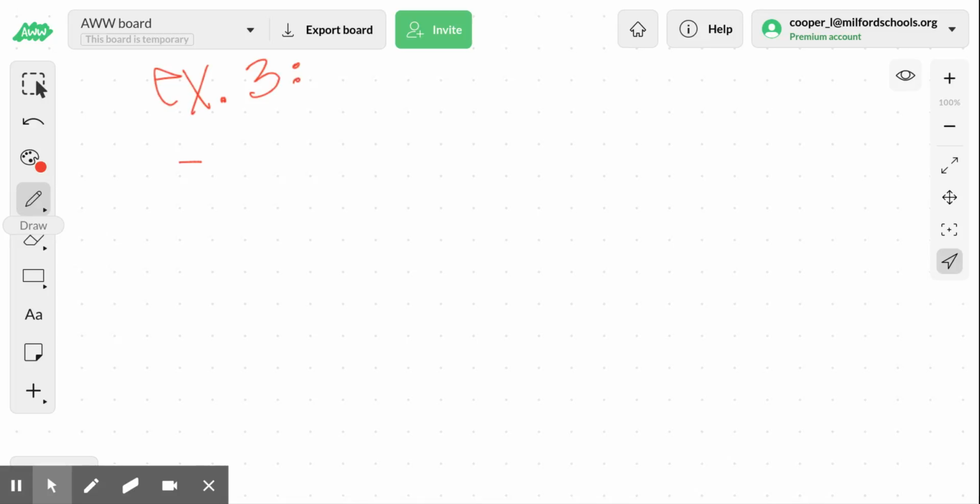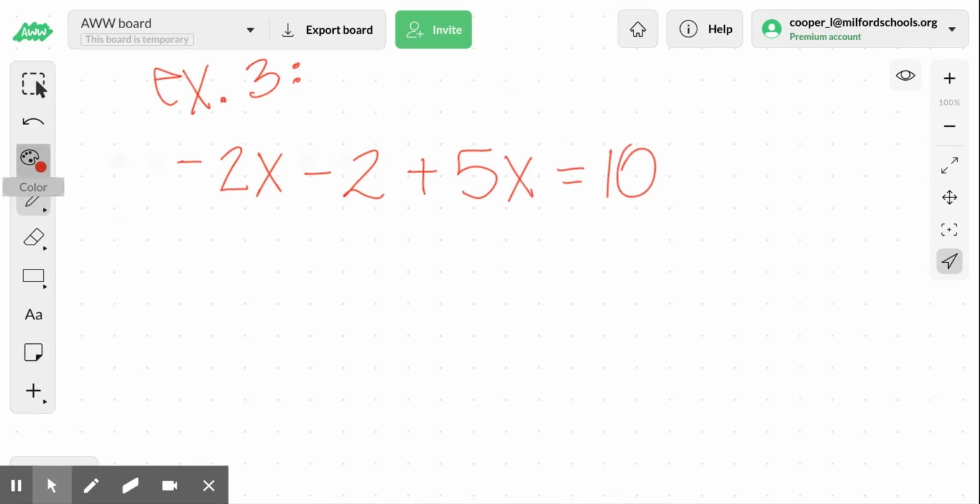We have -2x minus 2 plus 5x equals 10. So notice my like terms or my same variables aren't right next to each other. So if I look here, I'm going to circle this, and then I'm going to circle this over here.